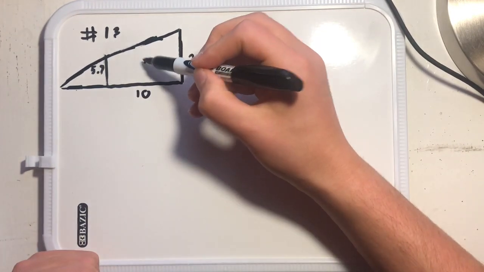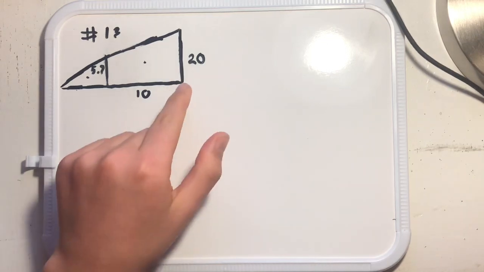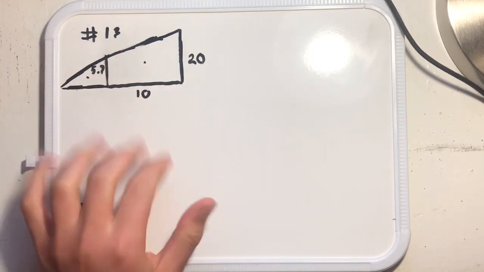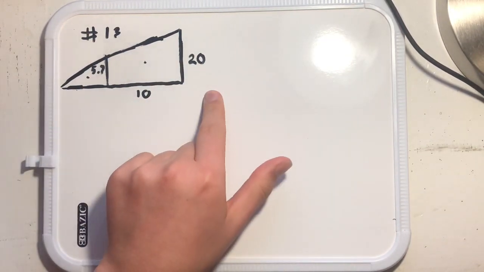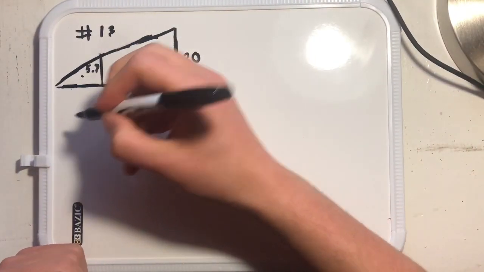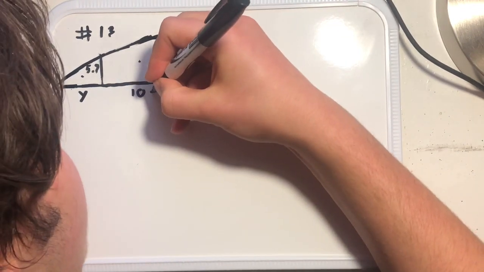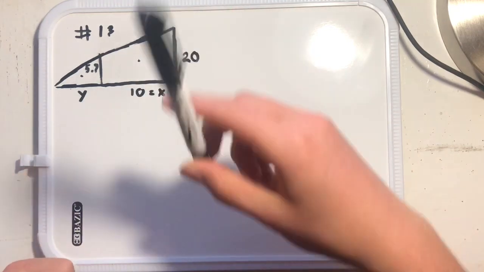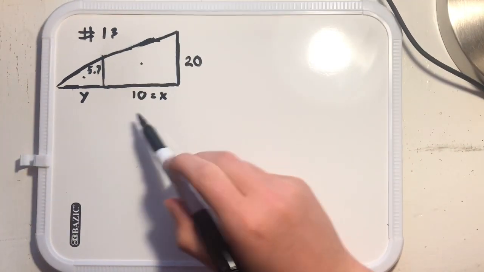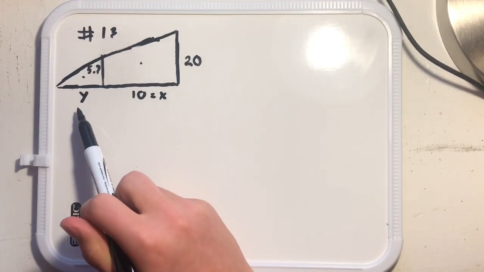As you can see here and here, it looks like we have two proportionate triangles. We have the first, overarching triangle, which has a height of 20 and a base of what I'm going to call x plus y. I'm going to set 10 equal to x, and this extra length of Alexis's shadow equal to y.